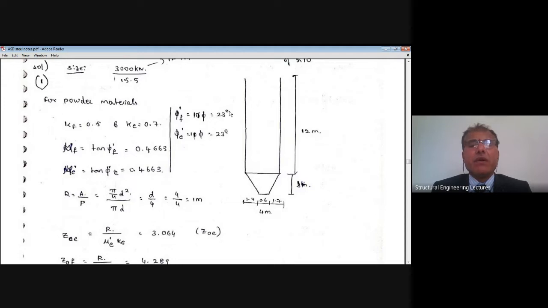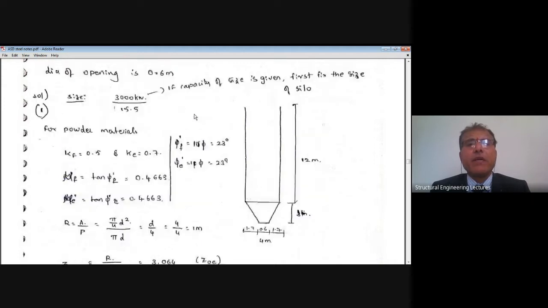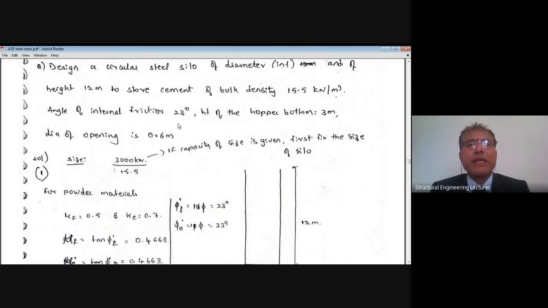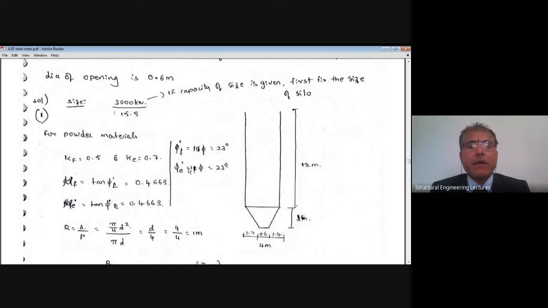We can also note down from the same code 4995 that the angle of friction between the material and the wall during filling, phi prime f, is equal to 1 times phi. However, phi is given as 23 degrees angle of internal friction, hence it is the same 23 degrees, and the angle of friction between the material and the wall during emptying, phi prime e, is equal to phi, which is also equal to 23 degrees.